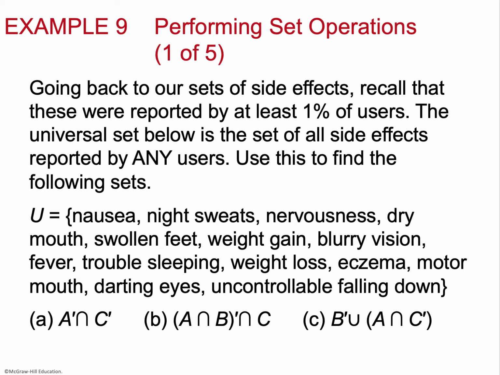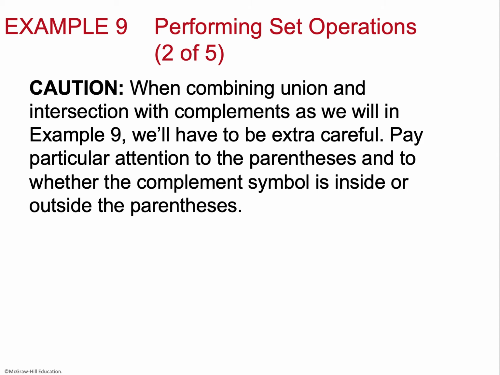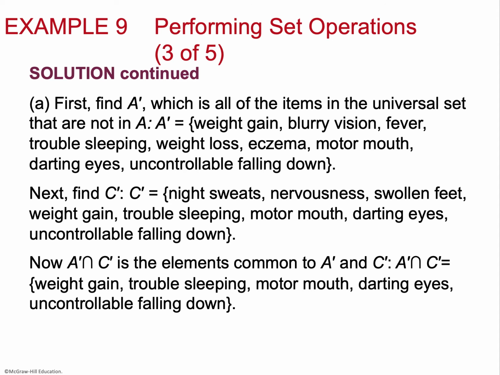Another example of set operations would be looking at the complement. So remember, complement is anything that is not found in that original set. What we should be aware of is when we're combining union and intersection with complements, as we are in this example, we have to be really careful and pay attention to where the parentheses are and whether the complement symbol is inside or outside of the parentheses.